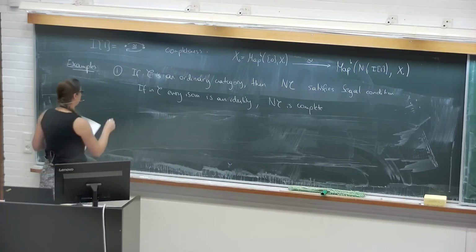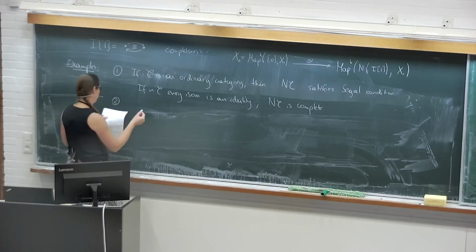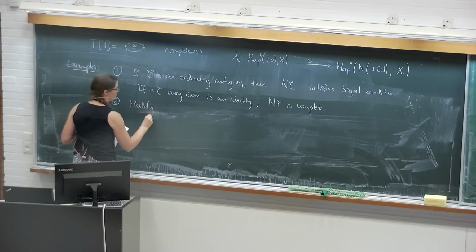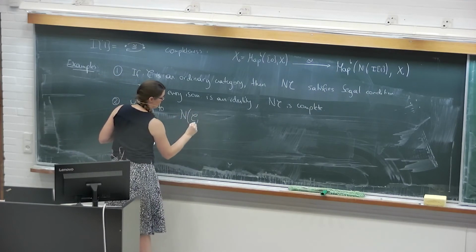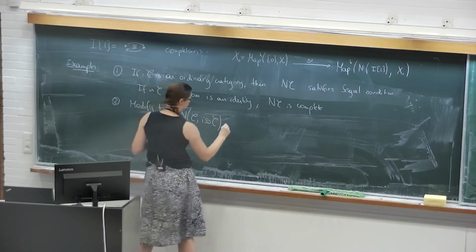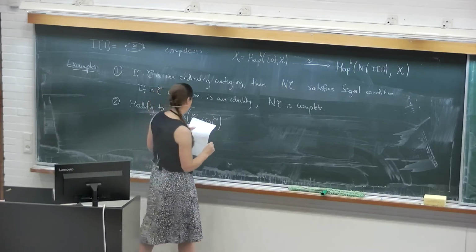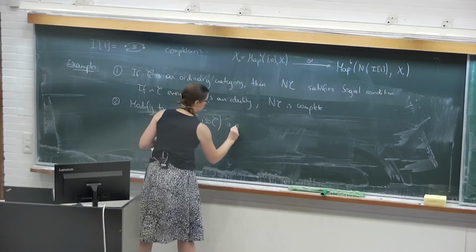But Rezk actually found a way to modify the definition of a nerve to something he calls N of C iso C. And I won't write down the definition, but if you're curious, feel free to ask. Then this is always complete.